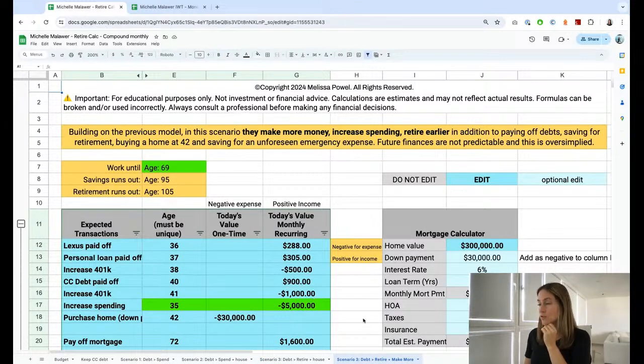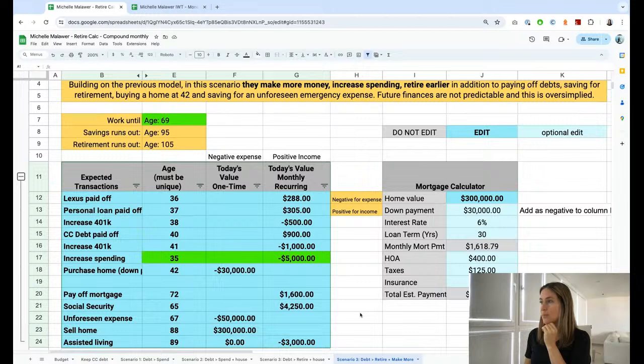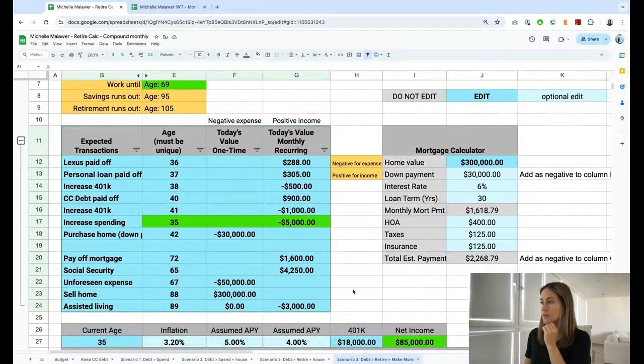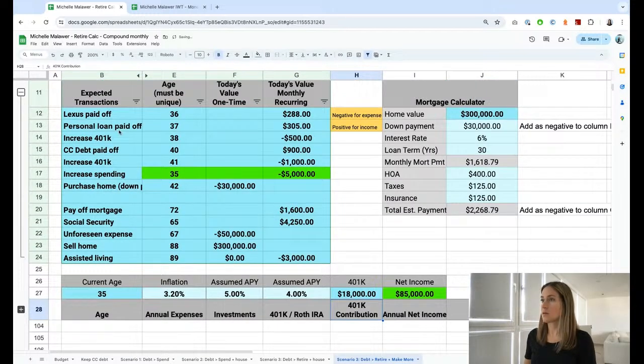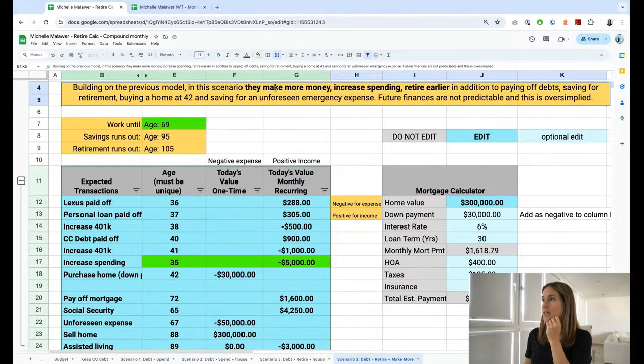Then in the final version, I wanted to see what would happen if this person makes this 1800. What would happen if this person makes more money and they also are able to increase their spending and retire earlier?